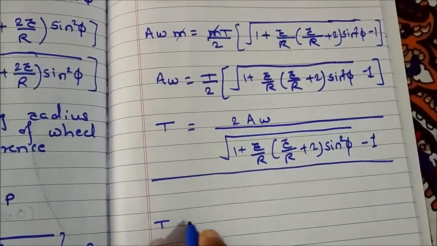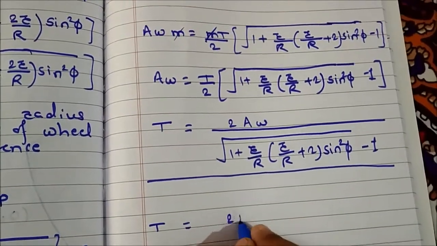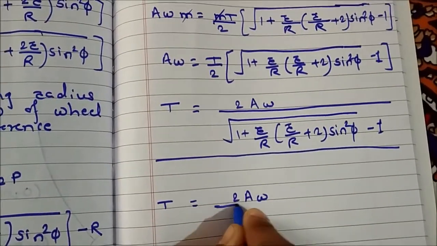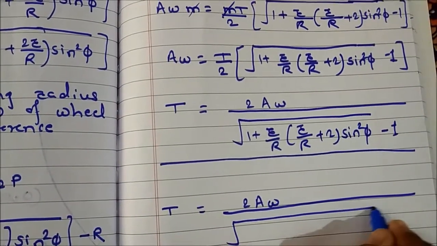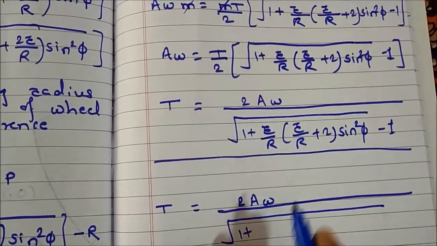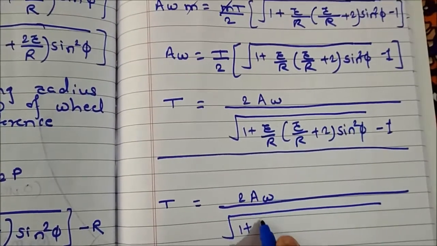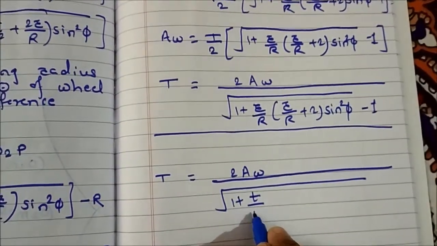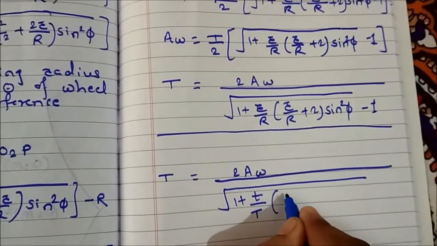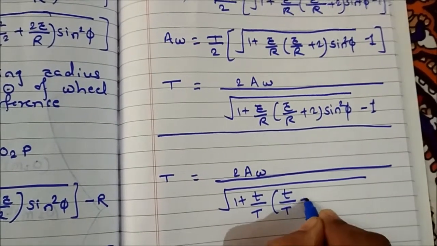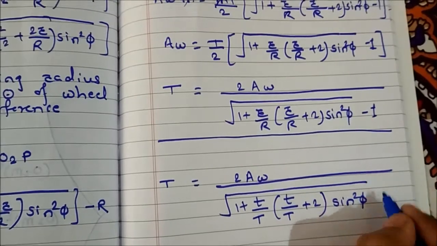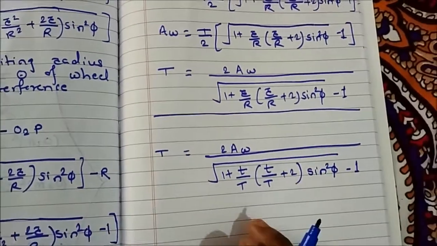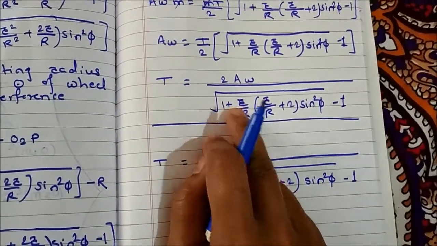So let's write this equation in another way. It is 2AW divided by under root of 1 plus, now instead of this r upon R we can put small t upon capital T, plus 2 sine square phi, minus 1, that is, instead of this r we'll put mt by 2.